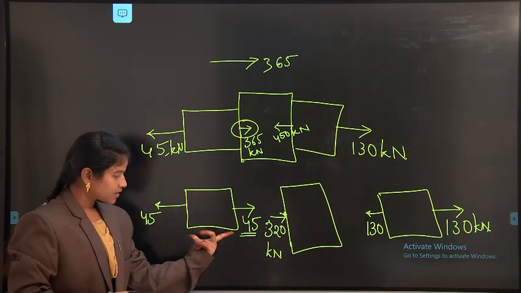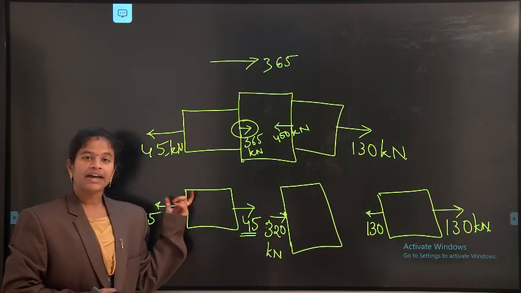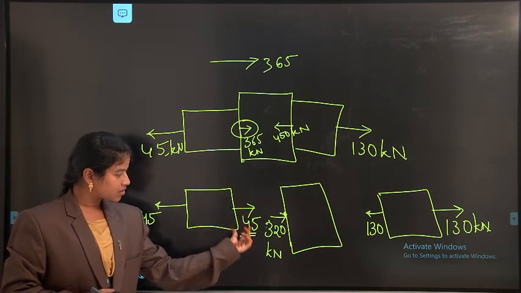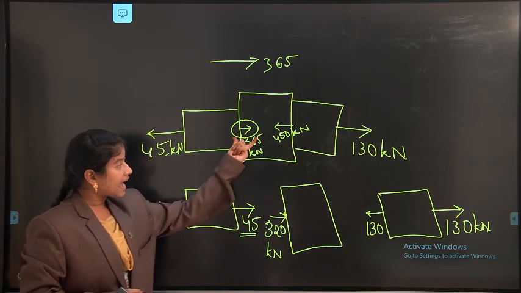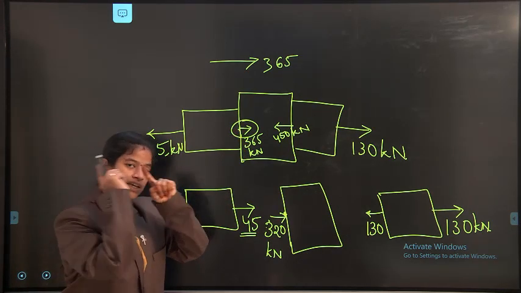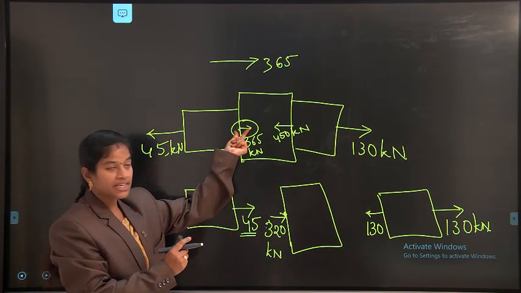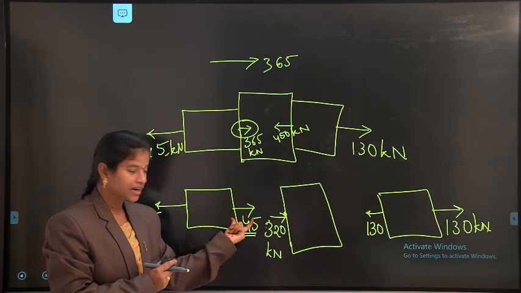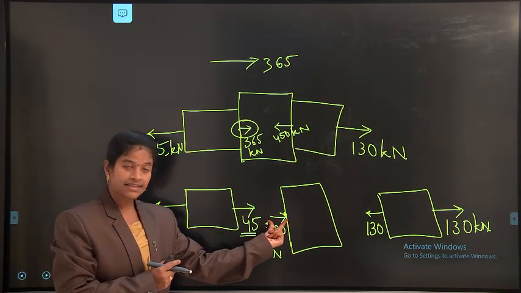Observe clearly. Firstly, I have separated the free body diagram for the first segment. It itself has 45 kilonewton in this way. But in the actual figure, at this section, I have a load of 365 in this direction. Some portion of this 365 arrow is already here, so the remaining arrow value will be at this section.